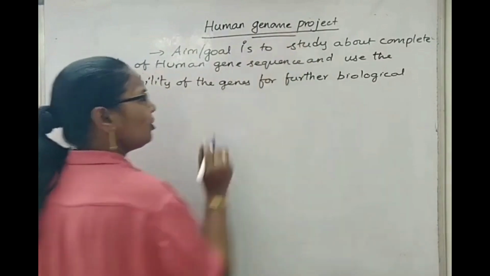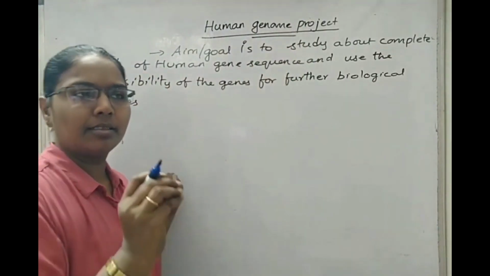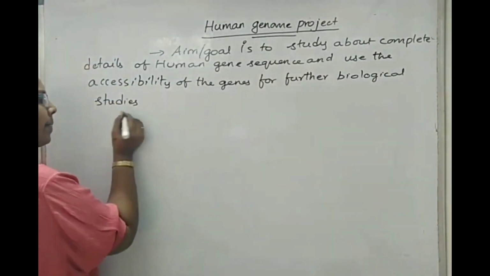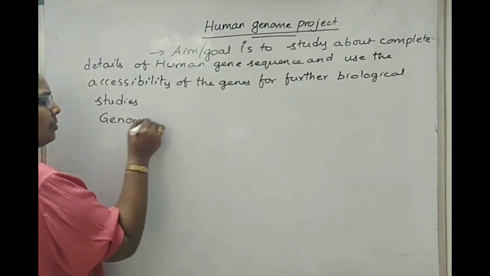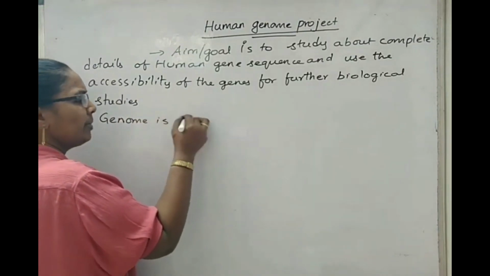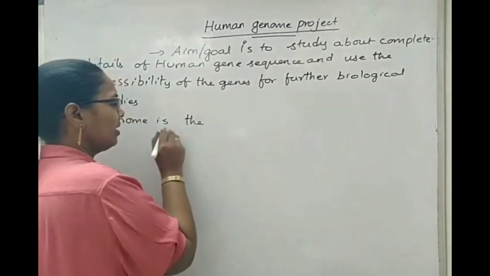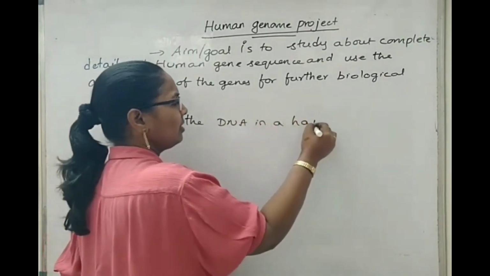What is meant by genome here? Genome can be defined as the genetic material that is present inside one living cell. Also, genome is the genetic material of a haploid, that is, the DNA in a haploid chromosome.